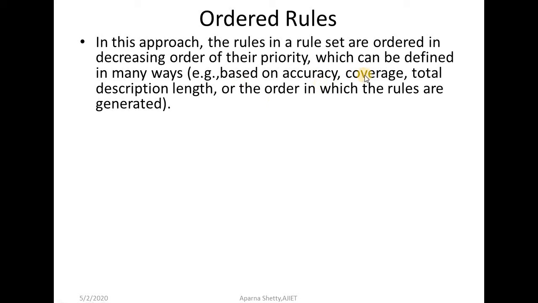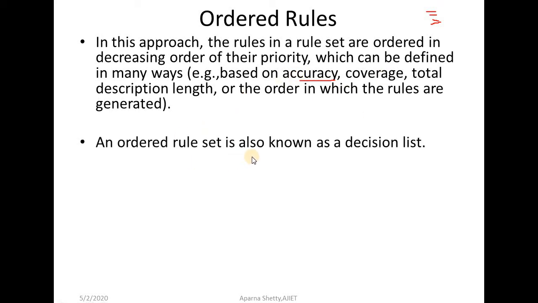If we consider the priority to be accuracy, and we have already seen how to calculate accuracy, you have to arrange the rules in the decreasing order of their accuracy. So first compute the accuracy for all the rules. Next you arrange the rules in the decreasing order of their accuracy.